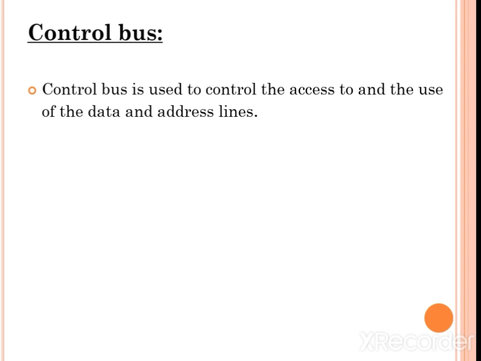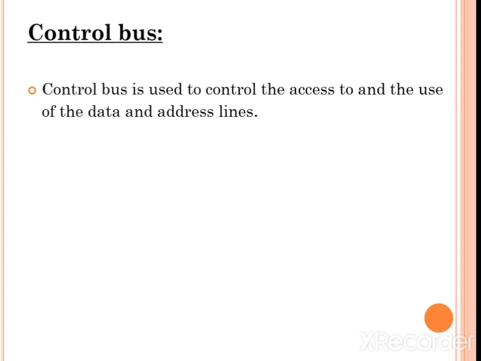Next, the third type of system bus, that is control bus. The control bus is being used to coordinate the operations of the computer system. This bus is used to control the access to and the use of the data and address lines. Here coordinating the operations means first from the input unit the data is passed to the CPU.